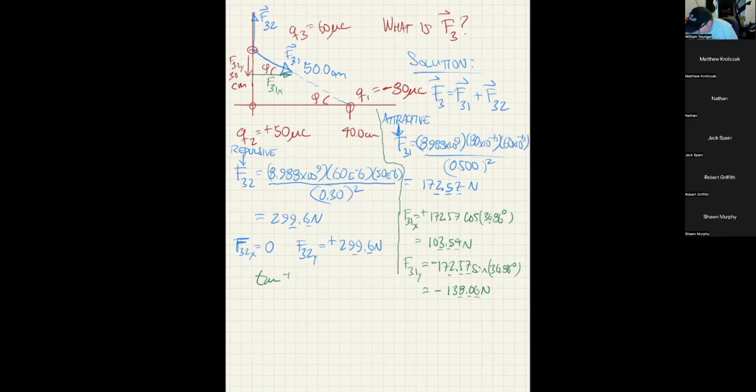But if phi is at an angle from the y-axis, shouldn't you have taken sine of 36.86 instead of cosine? Cosine definitely gives me, in the position that I have the angle, the x component.